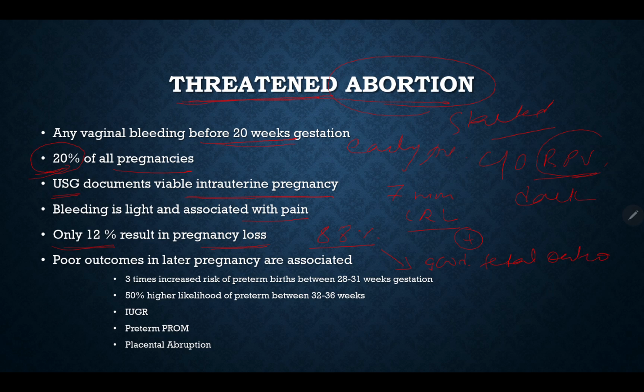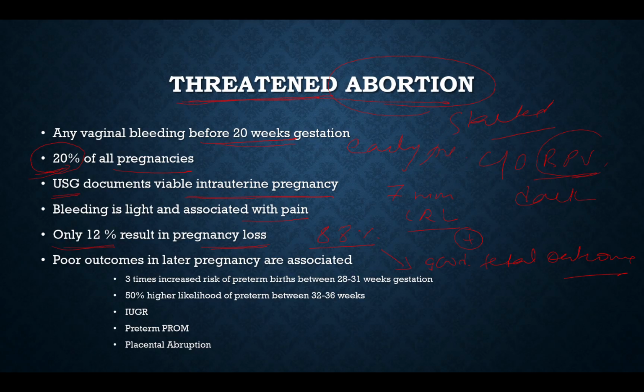That means a viable baby may be born. This is more important. So you have to reassure the woman that although you have a threatened abortion, you have a viable intrauterine pregnancy, and only 12% are going to have pregnancy loss, and there are more chances that the pregnancy will be successful.